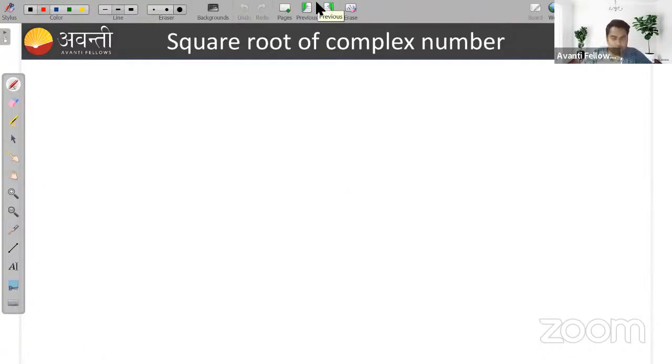Now, how can we find the square root of a complex number? It's very simple actually. If you have a complex number, here I'm giving you one complex number, z is equal to x plus iy. Now I'm asking to find the square root of the complex number, that is root of x plus iy.